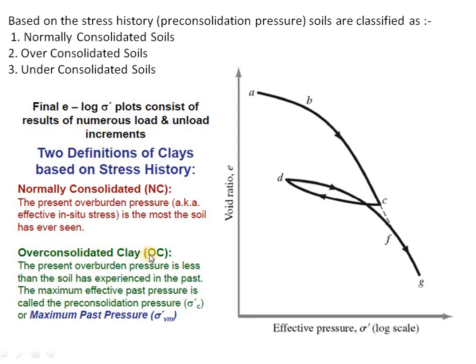Next is over consolidated clay: the present overburden pressure is less than the soil has experienced in the past. The maximum effective past pressure is called the pre-consolidation pressure sigma c dash, or maximum past pressure sigma dash vm. So these are the two conditions, NC and OC.